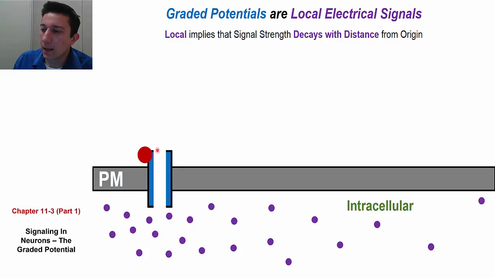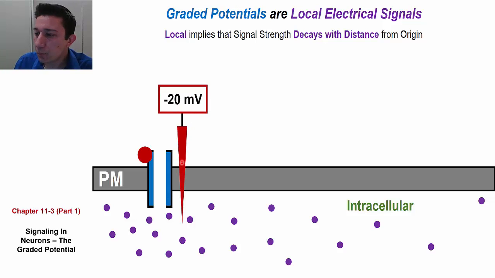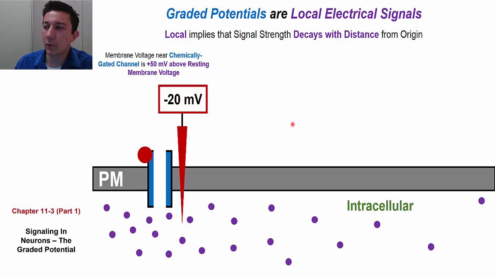Okay. And we'll assume that this neurotransmitter opened up a chemically gated channel that allowed sodium to diffuse into our cell. So that's what this purple is. This is our sodium that has diffused into our cell. And if we were to put a little voltmeter into the plasma membrane near our chemically gated channel receptor, we would find that the membrane voltage is slightly more positively charged, right?